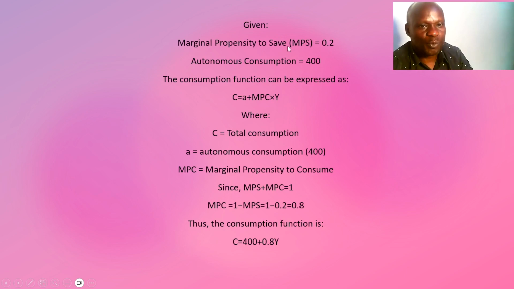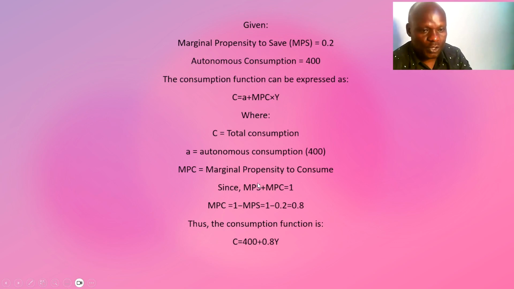Now, I have a marginal propensity to save of 0.2 and autonomous consumption of 400. The consumption function can be expressed as C, the total consumption, equals autonomous consumption, 400, plus the marginal propensity to consume times Y. MPC is the marginal propensity to consume.